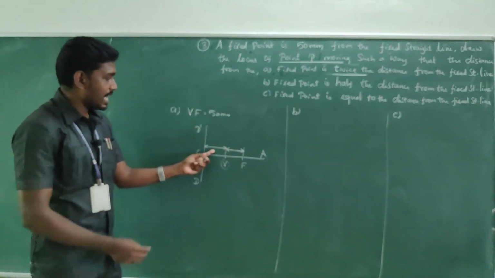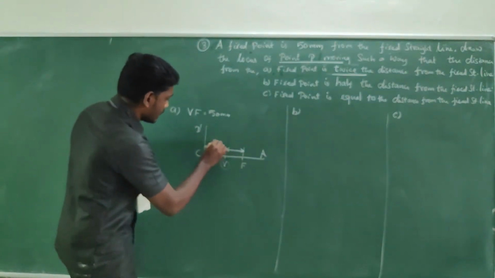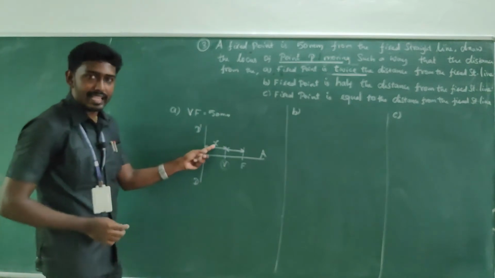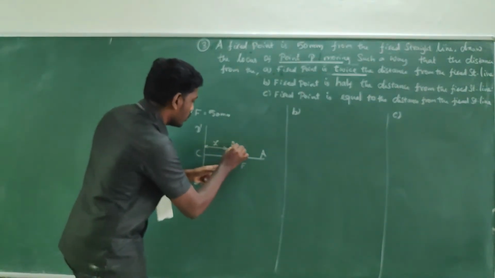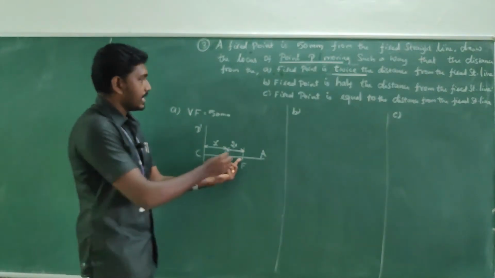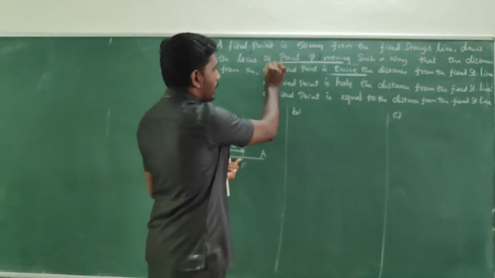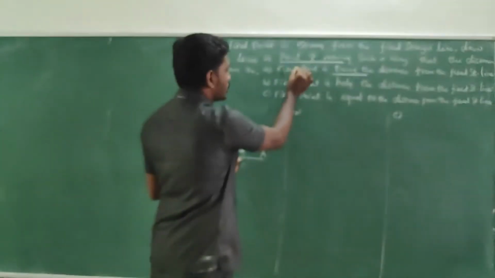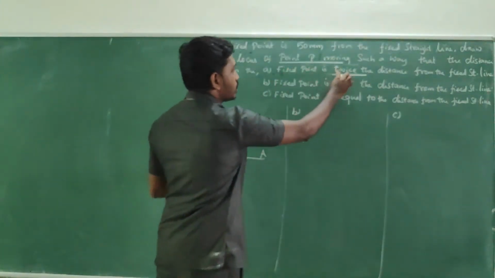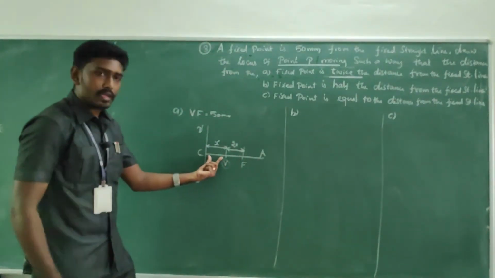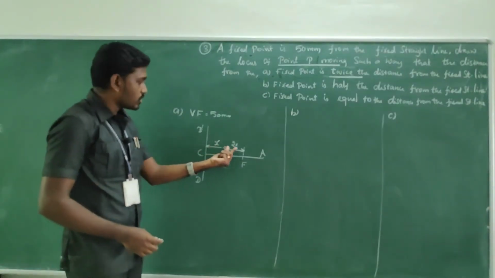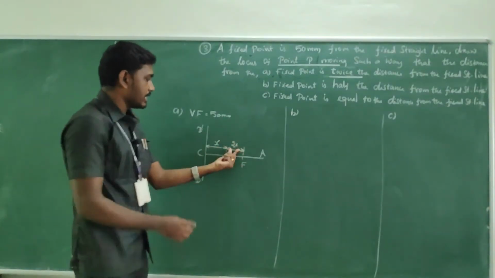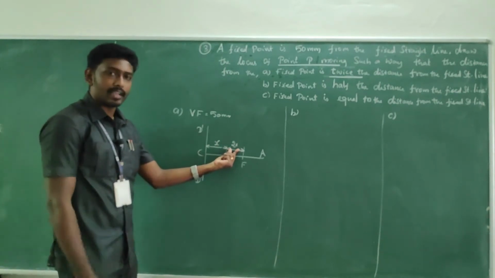So I can say if I take CV as x, this VF will be 2x, since the distance of the moving point to the fixed point is twice the distance from the fixed straight line. So I have taken this as x so that it will be twice the distance of this. So we can take it like this.